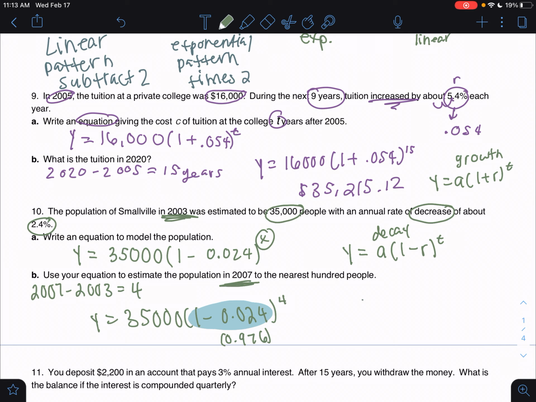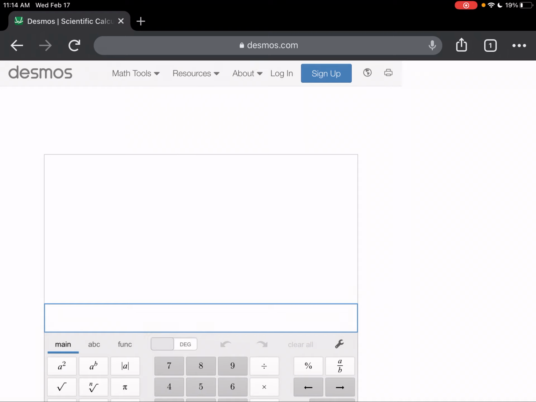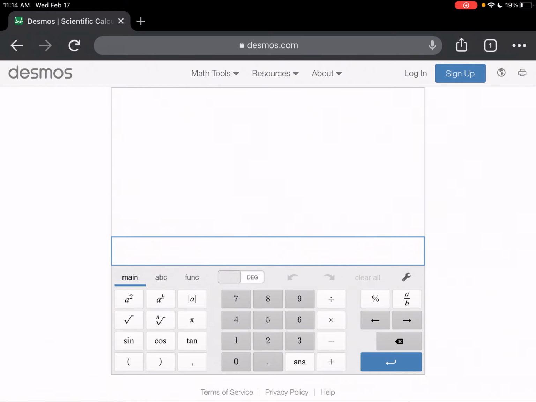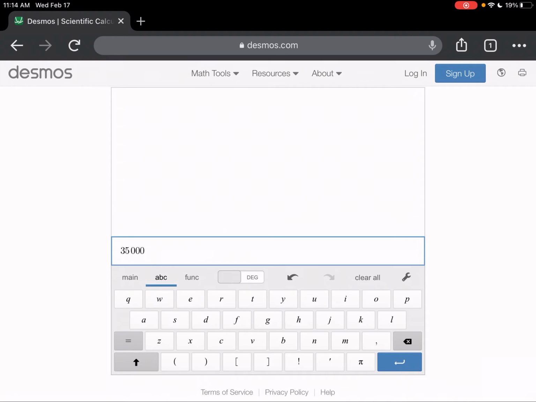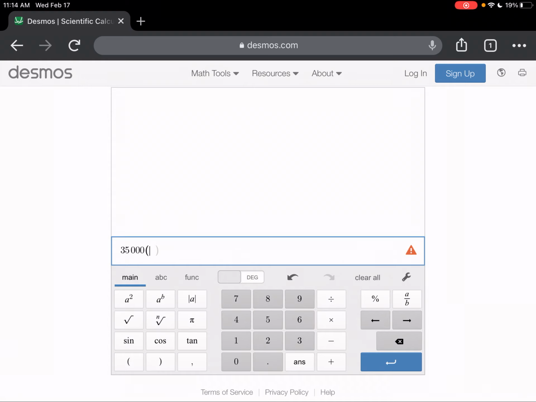And when you enter that in your calculator, you should get 31,759 people. I'm going to show you how to enter this real quick, if you don't remember. So we have our 35,000, and then we have parentheses, and you can either put in the 1 minus, or you can put in the simplified version.